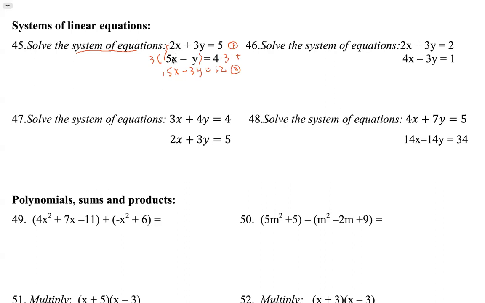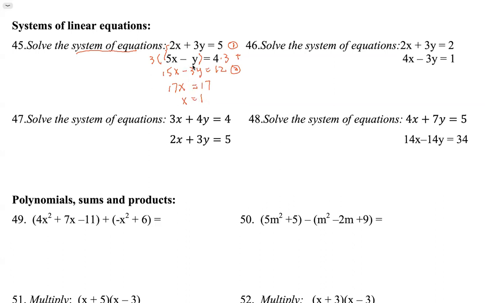So okay, 2x plus 15x, we get 17x. Then 3y plus negative 3y, that's 0. 5 plus 12, that's 17. We divide by 17 on both sides, so x equals 1. Right, we call this method elimination method.